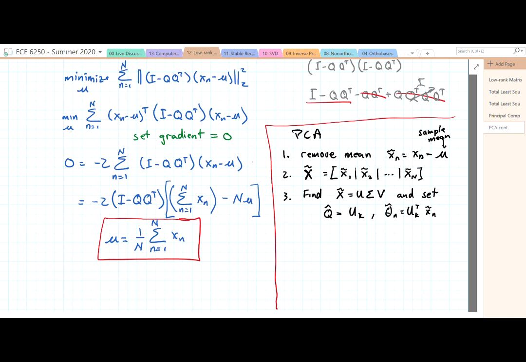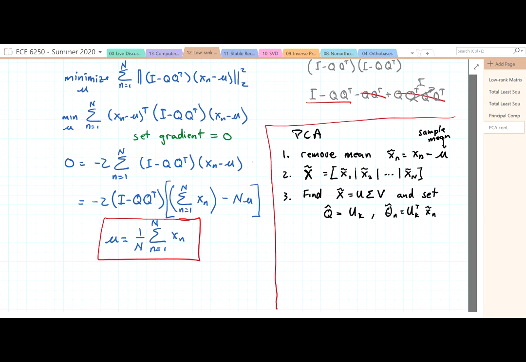And you can think of this theta sub n as the k-dimensional representation of our d-dimensional vectors x. So this is our subspace. And mu, of course, is the offset, which gives us our affine space.